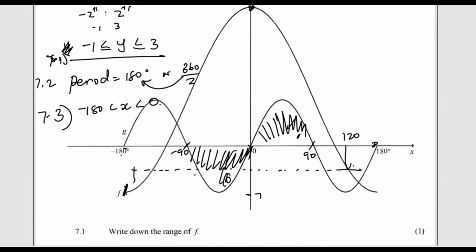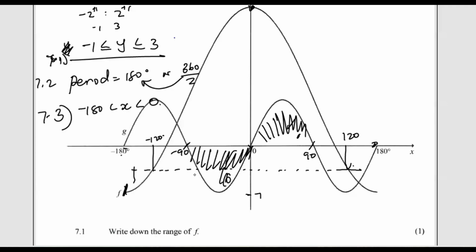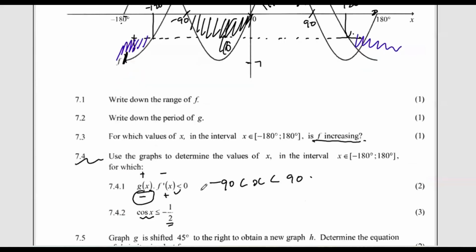So if that's 120, even this side, it must be negative 120. So the region of interest is below a half, so this area and this area. So the answers for that will be negative 180 is less than or equal to x, less than or equal to negative 120. And then that side, we shall have 120 is less than or equal to x, less than or equal to positive 180. So that is how I would have obtained that.